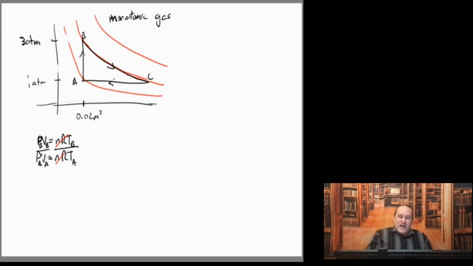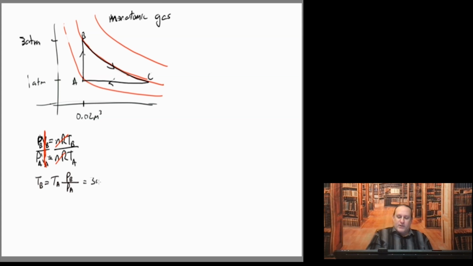When we do that, the n and the R cancel. And looking at the segment from A to B, that is constant volume, so the volumes will also cancel. And we find that TB is equal to TA times PB over PA.